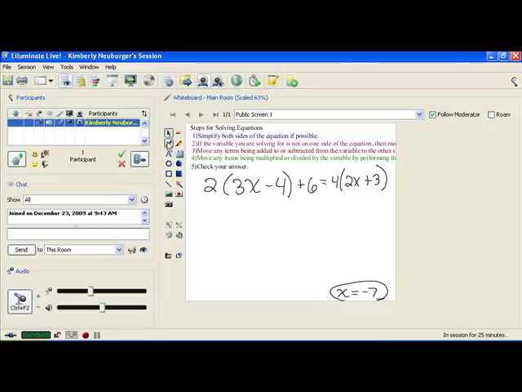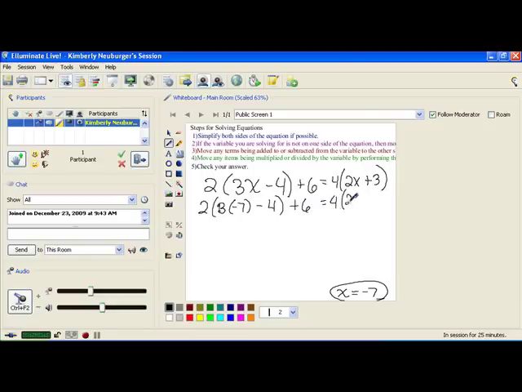And that will check out our solution. So we're going to replace this x right here with negative 7. And then on the other side, we're also going to replace this x with the negative 7. And then we're going to calculate and see if it works.